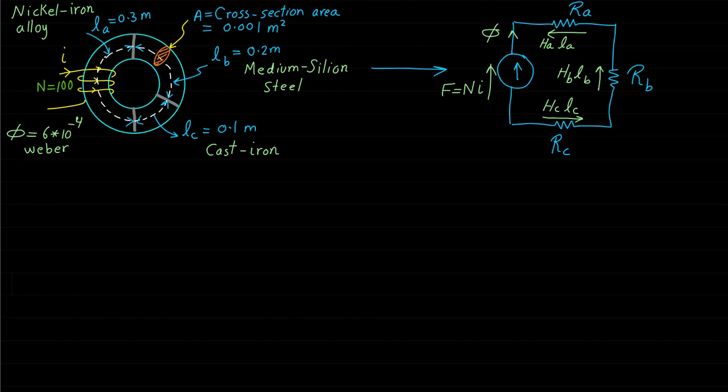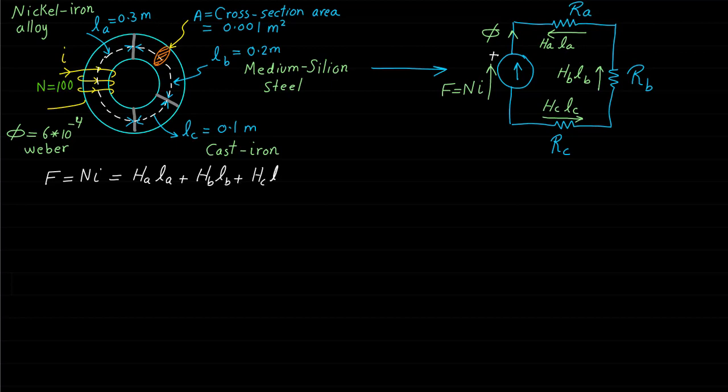These distributed ampere turns are like the voltage drop across the series resistances of the electric circuit. Now, based on what I have explained, the total ampere turns will be equal to the following.